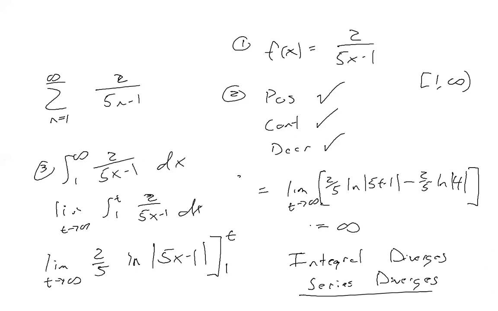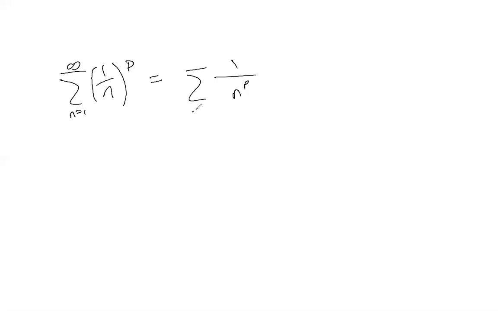We can find a special case of the integral test when we're talking about series of the form 1 over n to the power p, okay? So n is the index, right?